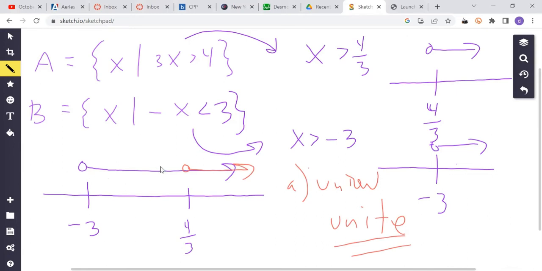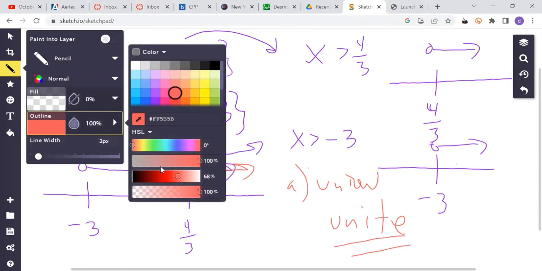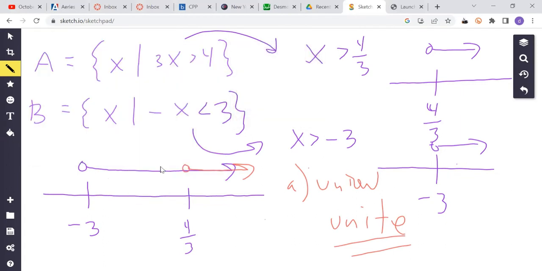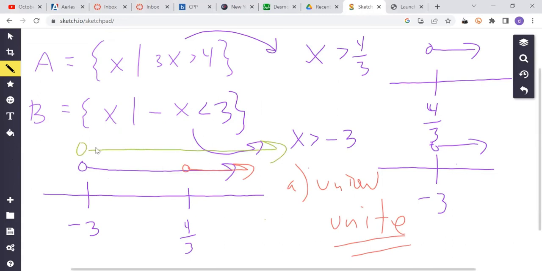If you combine the purple and the red, let's say that makes green, the answer would be this green. It would go from -3 and it would go all the way to the right forever and ever and ever. I know that the red has a hole, but the purple doesn't. The purple fills in the hole, which is why the answer for the union would just be that there. And that union would be from -3 to infinity.